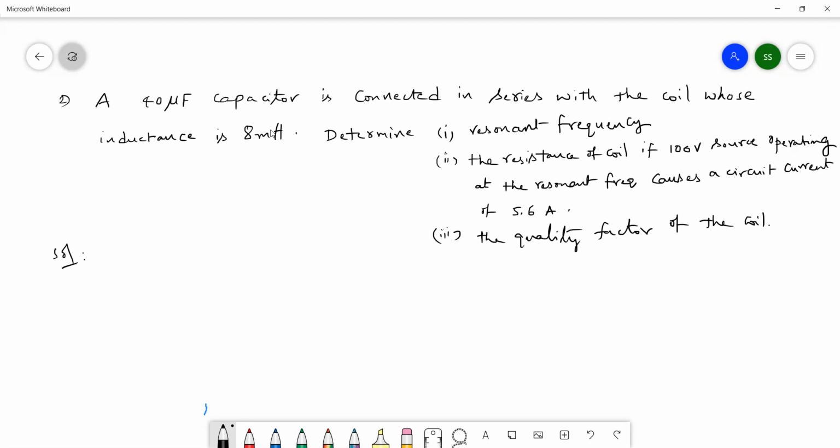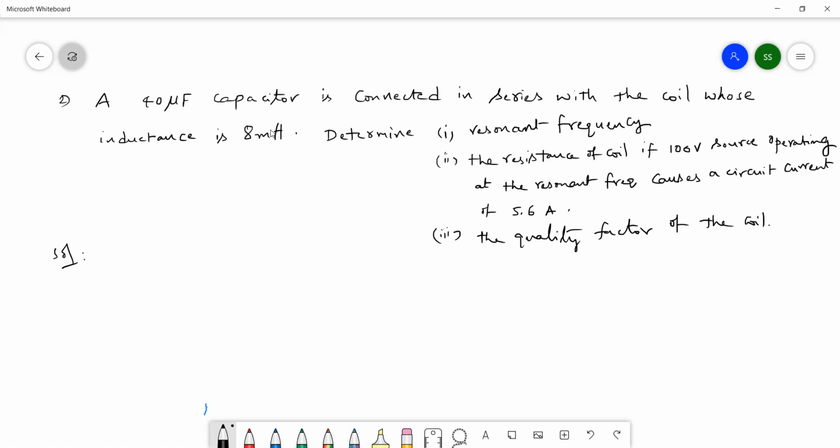So note down the given data from the problem. A 40 microfarad capacitor is connected in series with the coil whose inductance is 8 millihenries, and you need to determine the resonant frequency, the resistance of the coil R, if a voltage of 100 volts operating at resonant frequency causes a current of 5.6 amperes. And you also need to find out the quality factor of the coil.